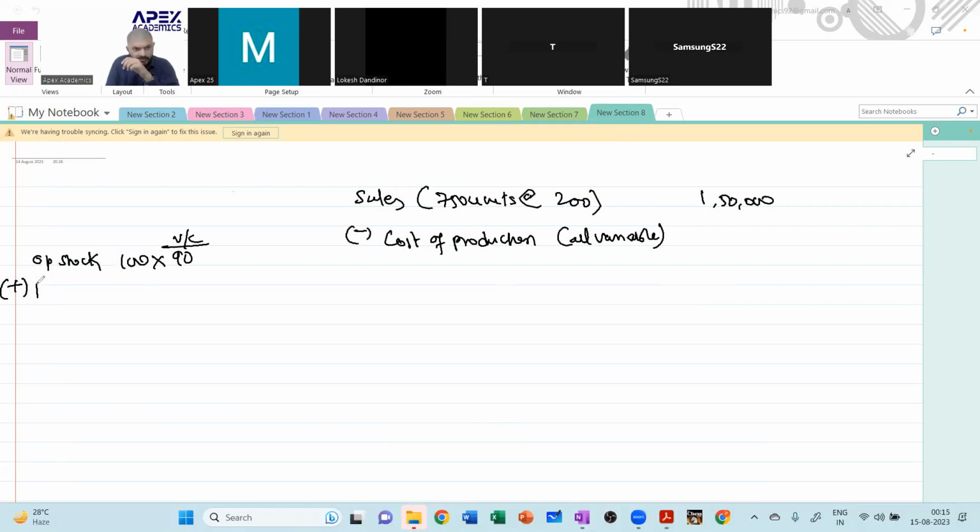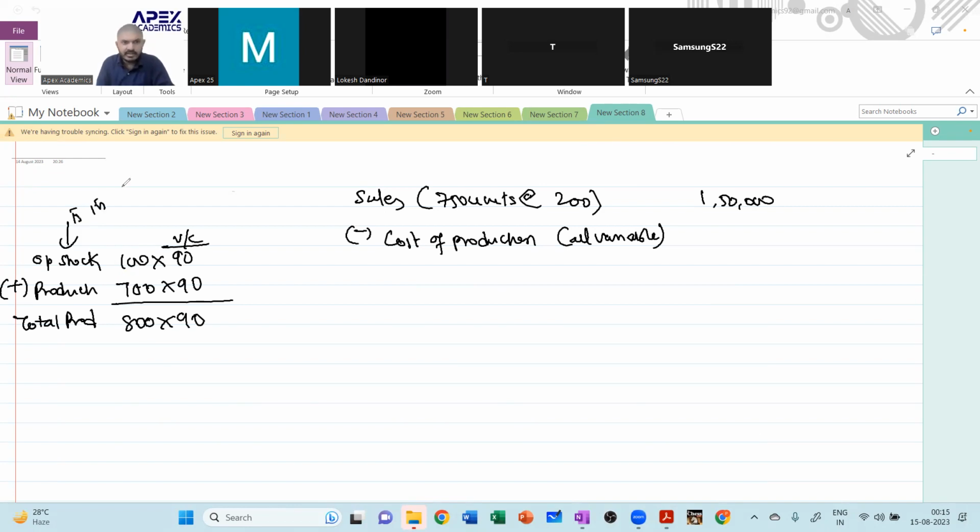To this, I will add production, which was 700 at the rate of 90. So I am looking at a total of 800 at the rate of 90. Please understand that opening stock is in current year's cost of production always. It was last year's closing stock, it is this year's opening stock. From this, I will subtract closing stock. My closing stock is 50.